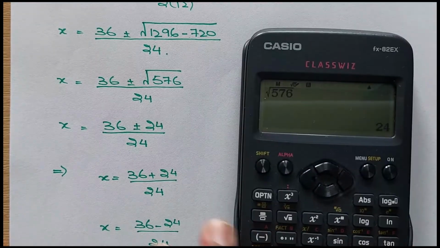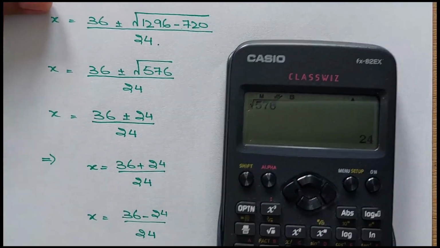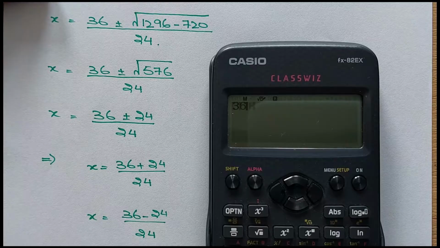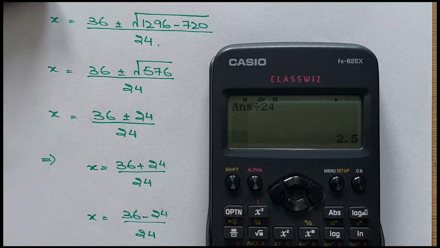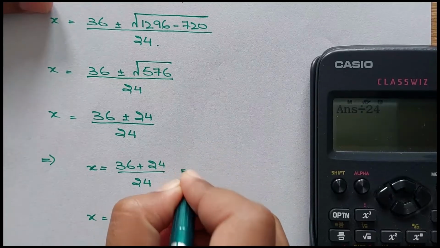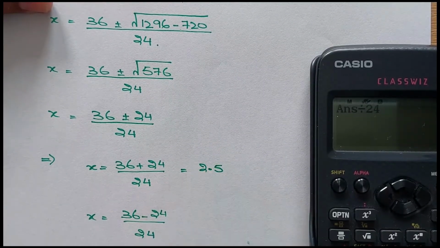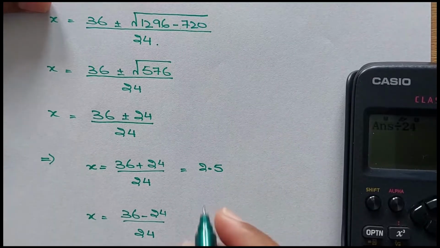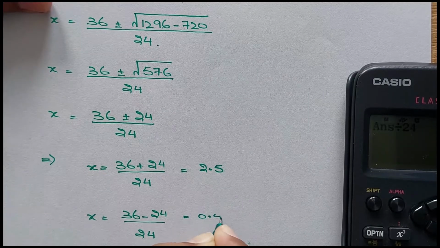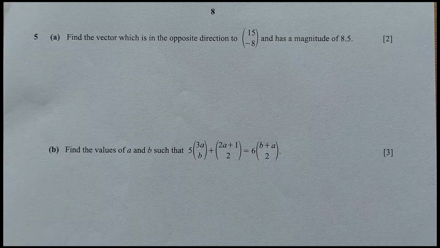So let me simplify one by one. For the first value, we have 36 plus 24 divided by 24, which is 5 by 2 or 2.5. So this is 2.5, right? And the next is 36 minus 24 divided by 24, which is 1 by 2 or 0.5. So these are the two values for x.